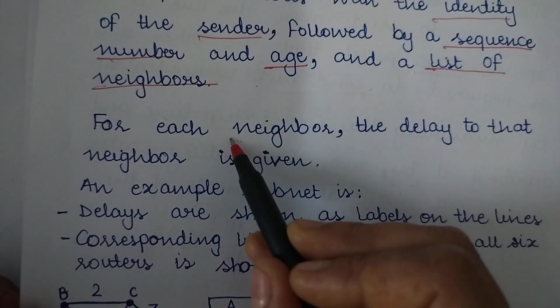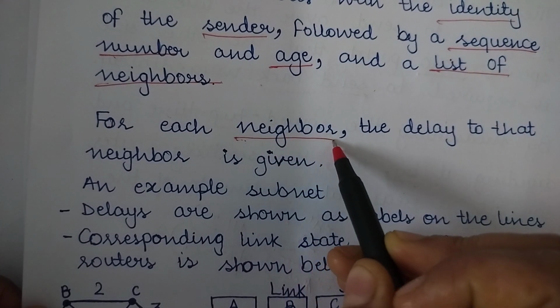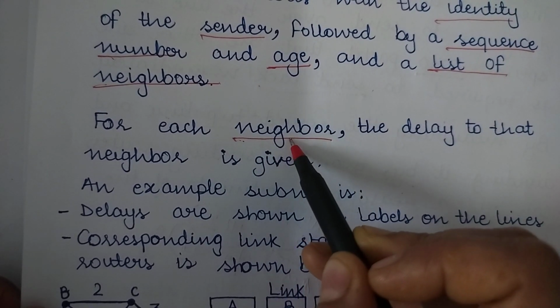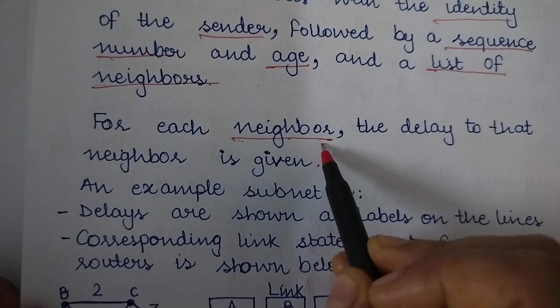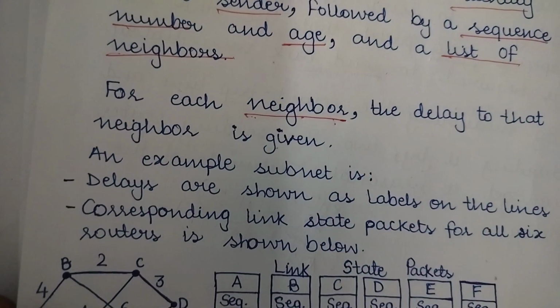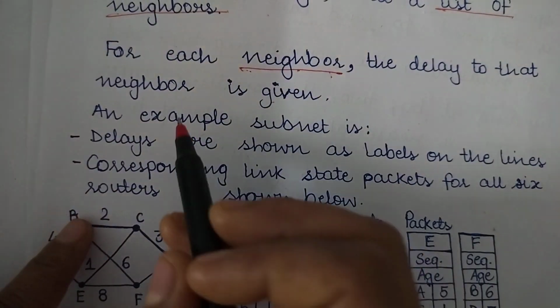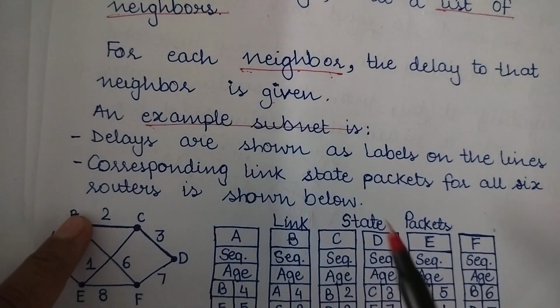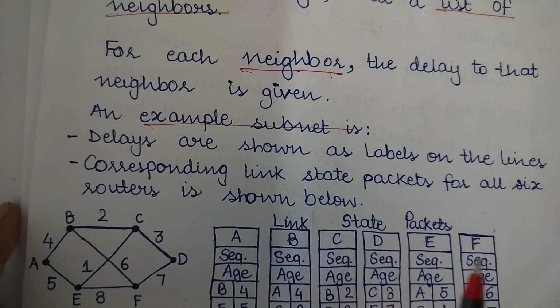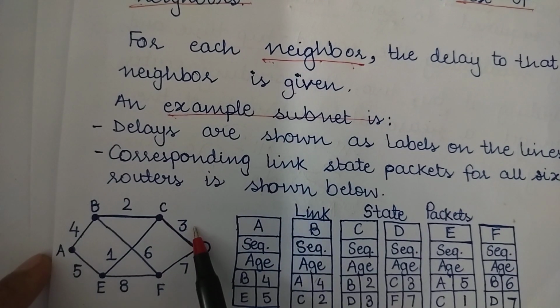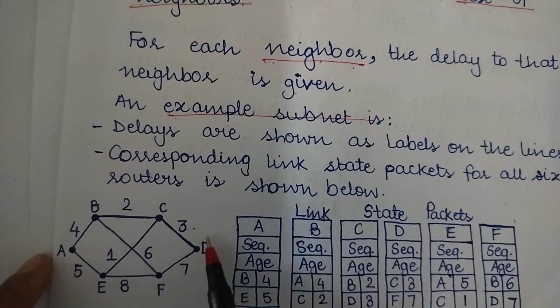So in that particular router's link state information, the delay to all the neighboring routers of that router is also given. As an example subnet, if I can show you, this is an example subnet, right? So delays are shown as labels. Whatever labels you can see here, like 3, 2, 4, these are the delays.